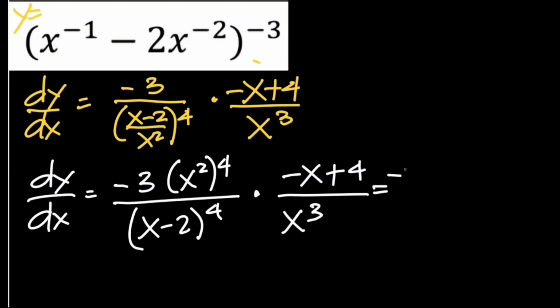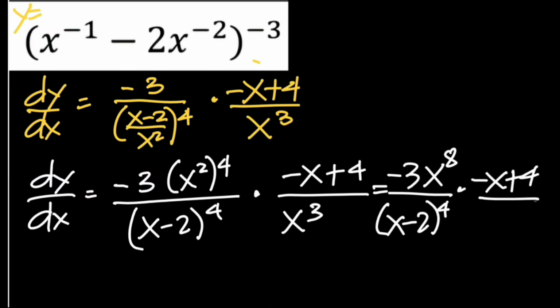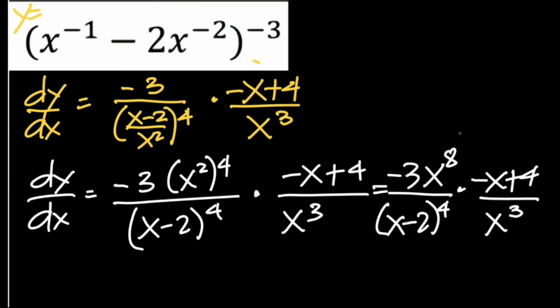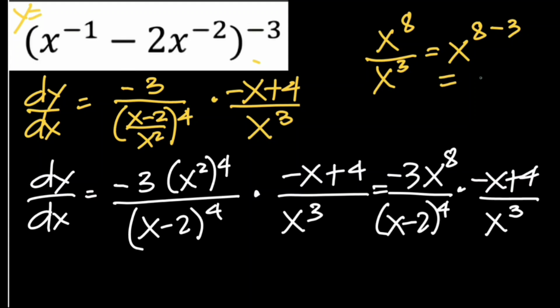And this is just negative 3 x to the 8 over x minus 2 to the 4th, times negative x plus 4 over x cubed. And then x to the 8 over x cubed. Since they have the same base, we just subtract the exponents. So that would be x to the 8 minus 3, which is x to the 5th. So minus 3 here, that cancels out.